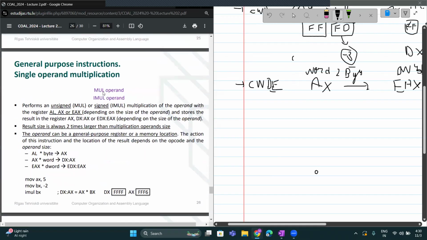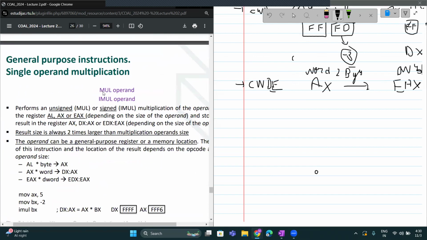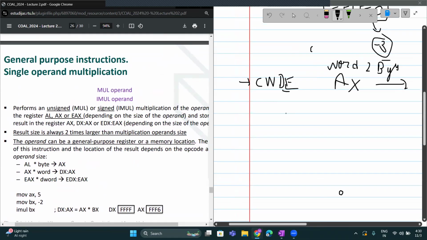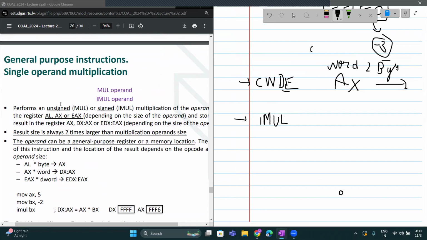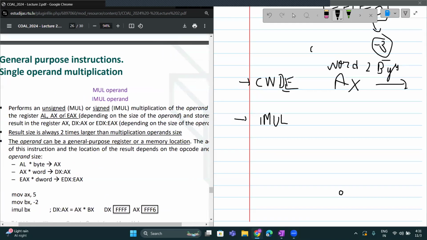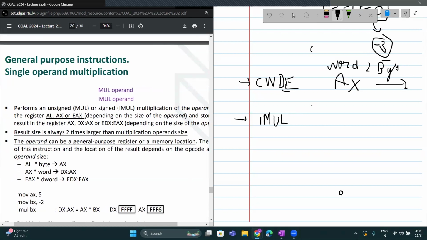Now IMUL. IMUL is very important. MUL is unsigned multiplication, IMUL is signed. We usually always use IMUL.